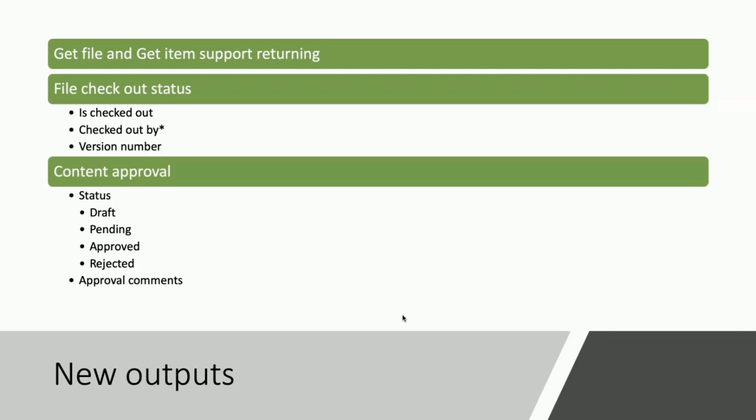So if you were using send HTTP request and Mikhail Svensson's hack of how do you get moderation status, you can now get those out and then use these out of the box connector outputs to go figure out what's the content approval status of a file or a document right away in your Flow.